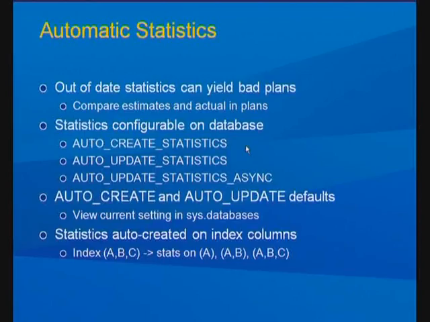With a temporary table, they will also update the statistics when the 6th row has been inserted. And you can turn this off on a per database basis with auto update statistics off. Unfortunately, there is no way that I know of to turn this on and off on a per table basis. It's always on a per database basis.